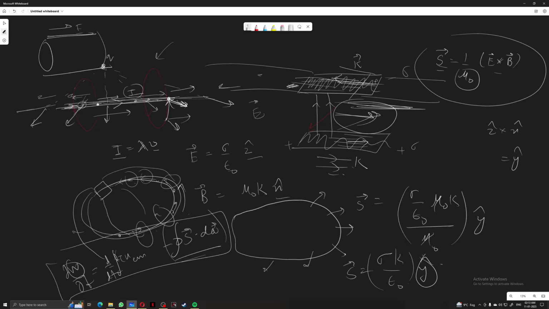Inside the wire, there is some constant current I in this direction, and you can calculate E cross B, and therefore you can calculate S, and then you can do the surface integral of this S over this whole volume to calculate the energy being transported, and you will rediscover the heating law, Joule's heating law, whatever it is called. The power is IV, right? You will rediscover that. So you can do this problem if you want.